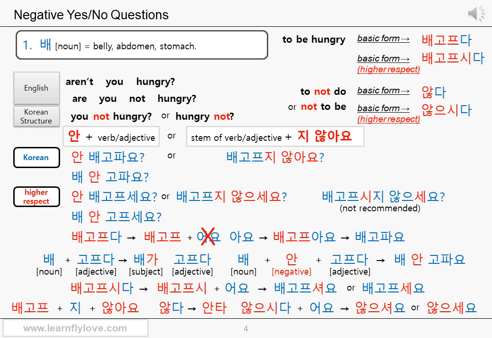Korean grammar actually bans double higher respect form. So, 배고프지 않으세요 is enough. Then it's easy to turn the sentence 배 안 고파요 into a higher respect form. Yes, 배 안 고프세요? Aren't you hungry? Perfect. We learned a lot of things on this page.